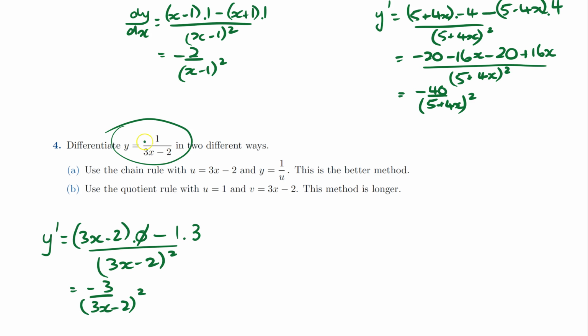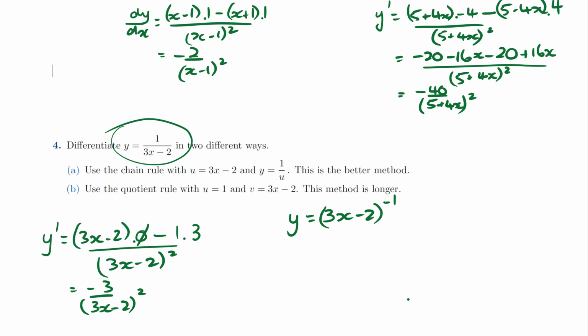However, if it's really a simple one like this, sometimes it may be better to think of that as y equals 3x minus 2 to the minus 1. Even if that's a number there, like 4, I could make it 4 times 3x minus 2 to the minus 1. And then I can use my function of a function rule, my chain rule.